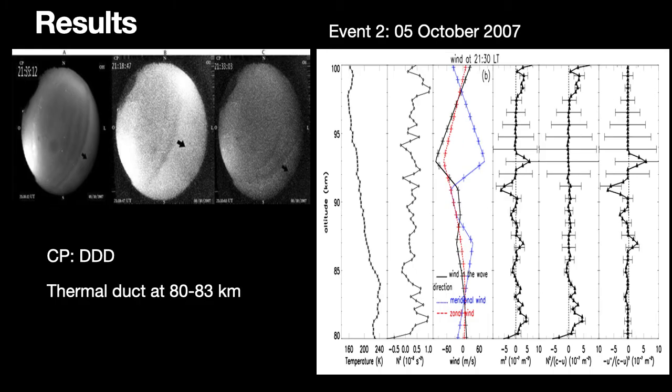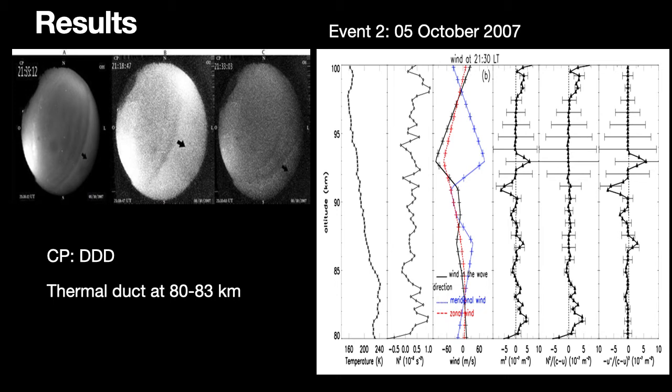The second case study was observed on 5 October 2007, and we can see on the left the complementary pattern from the airglow images, where the fronts are dark, dark, dark.